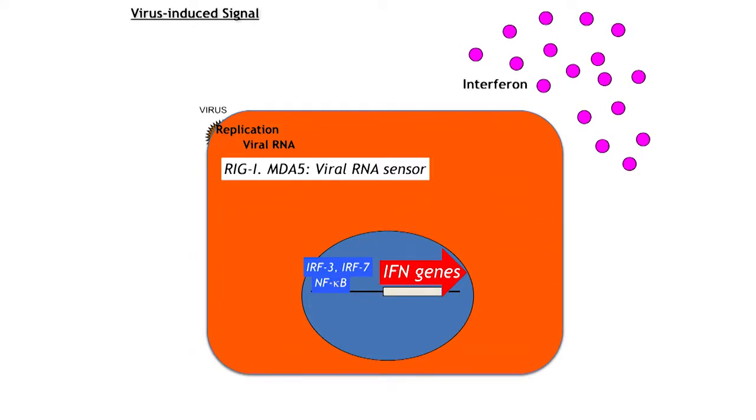Sensing pathogen-related molecules and the activation of the anti-pathogen reaction is collectively termed innate immunity. It is critical to discriminate viral RNA from cellular RNA. Viruses produce double-stranded RNA during replication, and this double-stranded RNA structure is sensed as viral RNA.